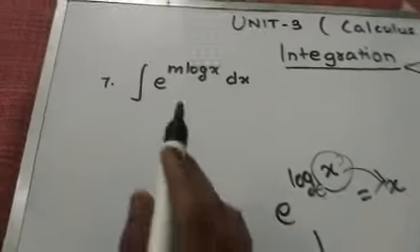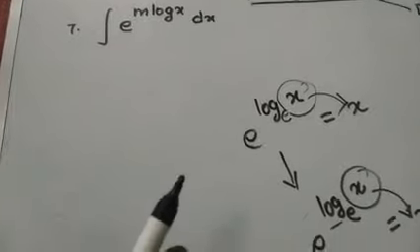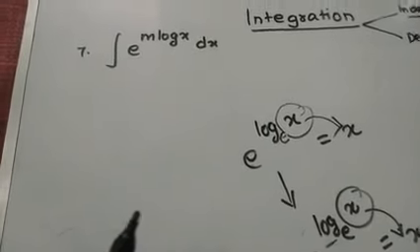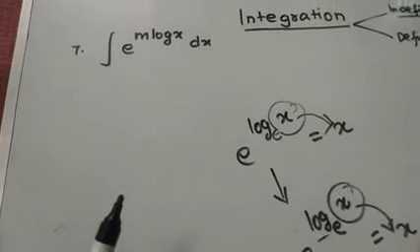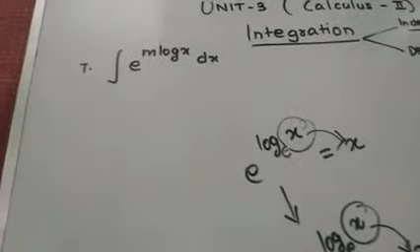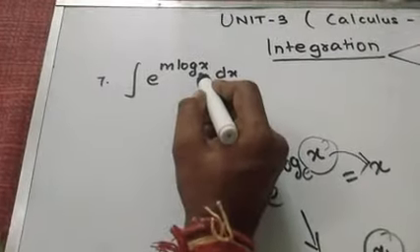And here in integration as well as in differentiation, whatever log we are dealing with, all the logs are with base e, that is the standard base. That's why we are not writing any base here, because we are dealing with the standard base. So here also the base is e only.